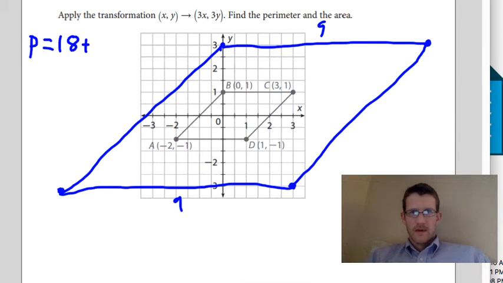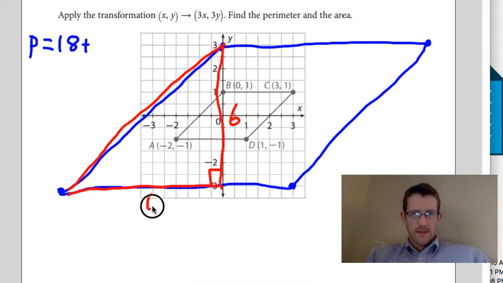Again, I have a right triangle. I'll do it in red, I guess. I have this right triangle that I'm trying to find the hypotenuse for. It's a right triangle with equal side lengths. This is 6. This is 6.